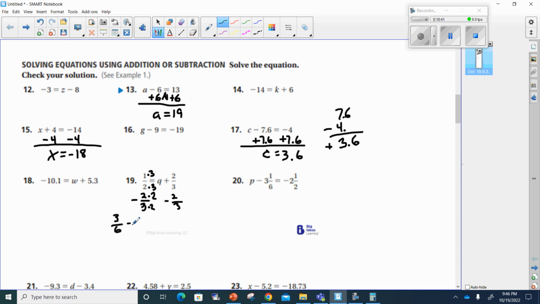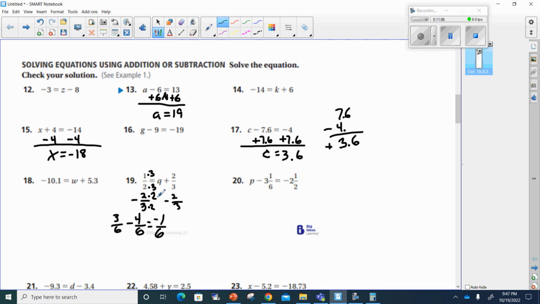And this is going to be minus 4 over 6. All right. When my signs are different, I find the difference. I take the big number minus the small number. This is going to equal a negative 1 over 6. So I take the big number minus the small number, and I keep the sign of the big number.